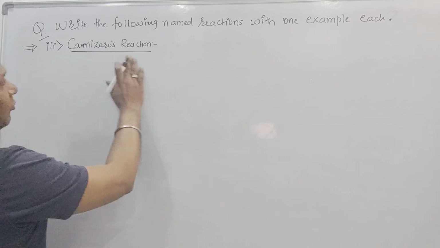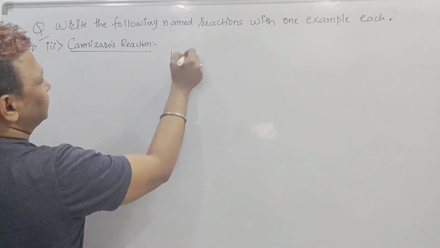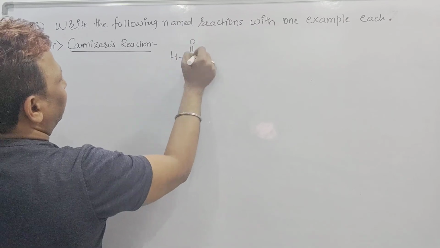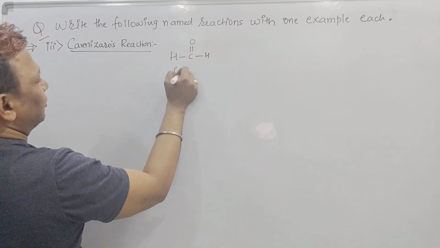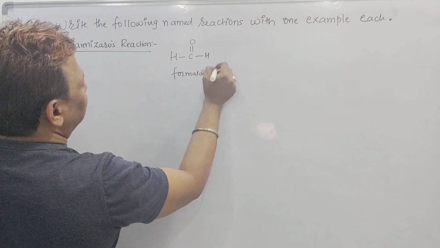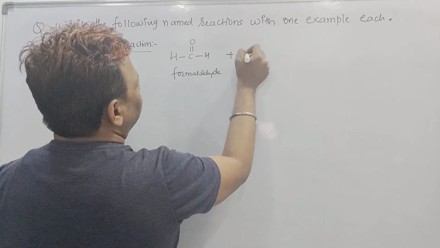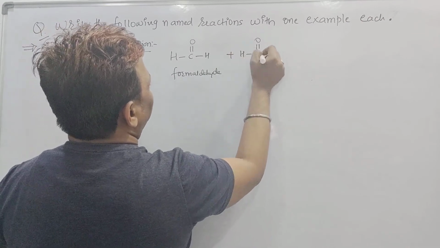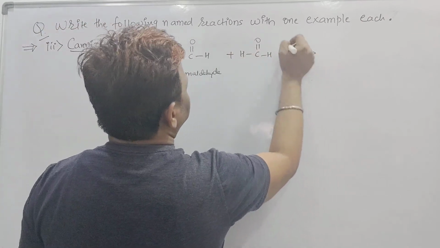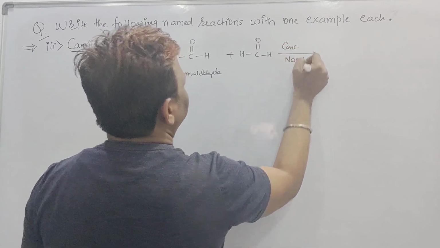So let me tell you, beta, what is the aldehyde that does not contain any alpha hydrogen atom? This is HCHO, called formaldehyde. This aldehyde does not contain any alpha hydrogen atom. I will take one more HCHO. This reaction must take place in presence of concentrated NaOH.